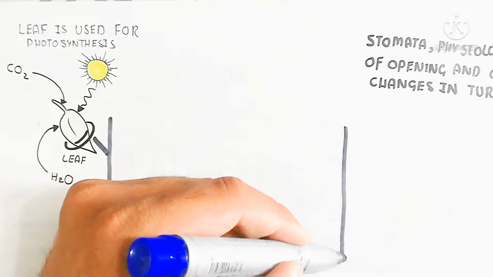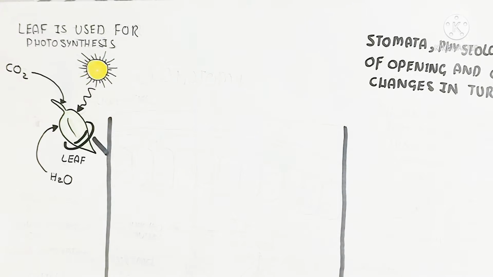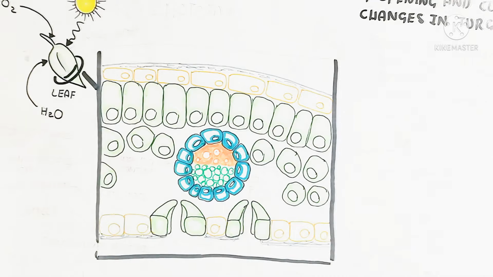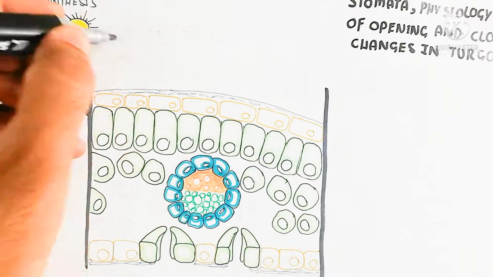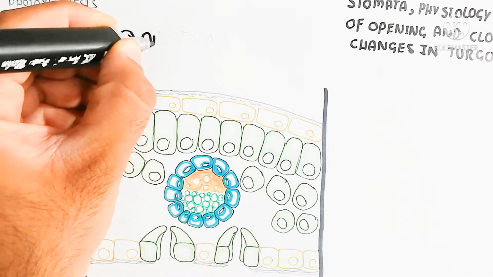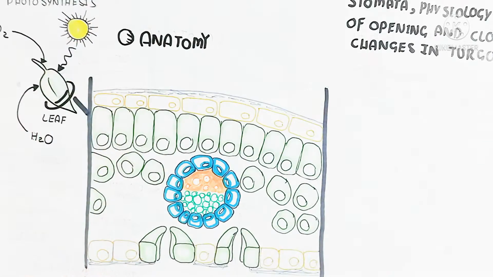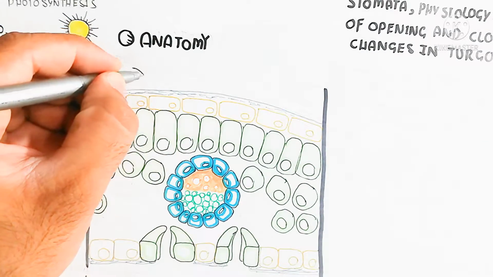So here is the cross section of the leaf. Let's learn about the stomata and the leaf structure. This cross section contains the epidermis and hypodermis, basically known as the upper cuticle, epicuticle and hypocuticle.